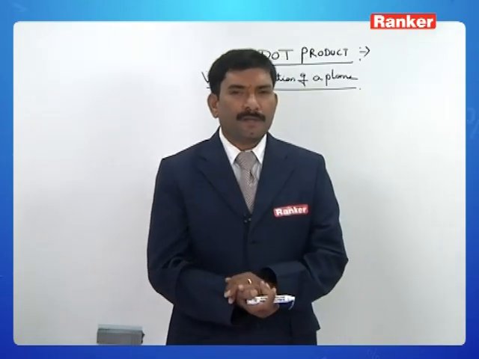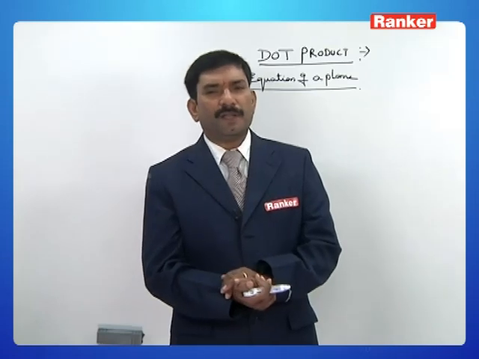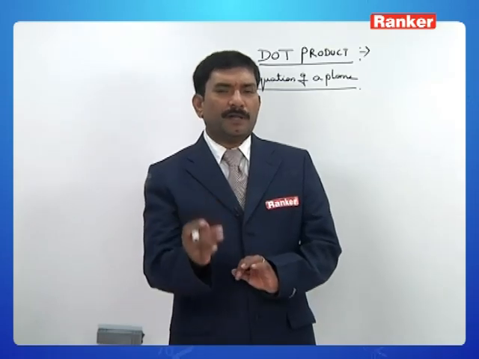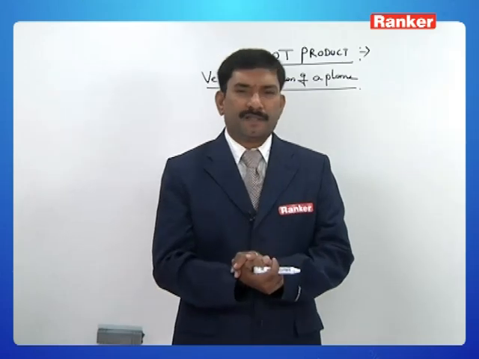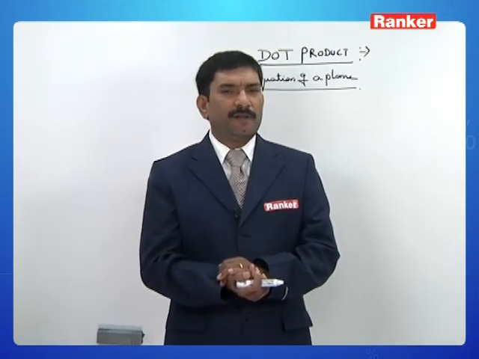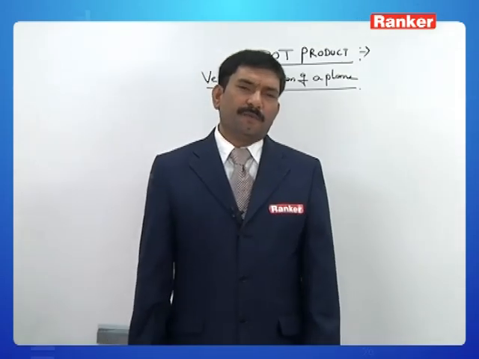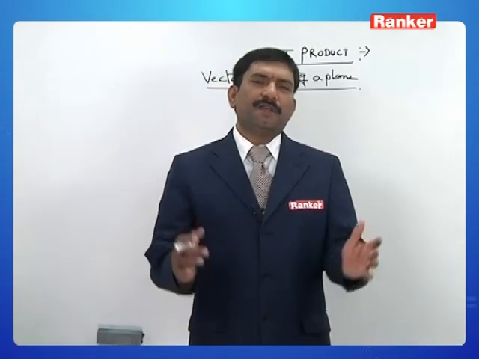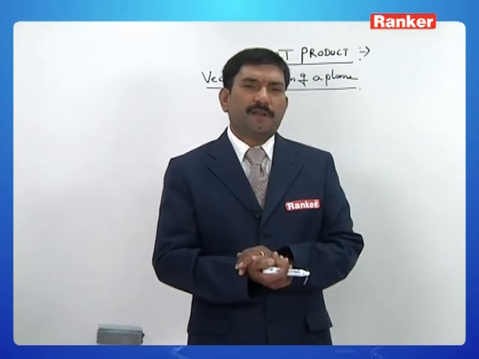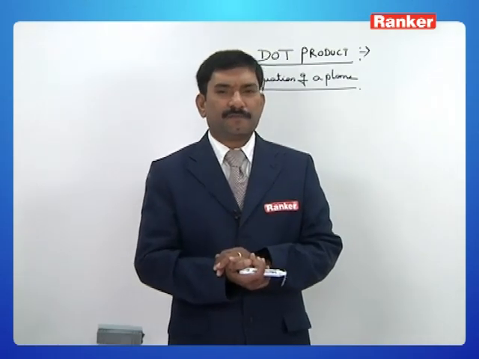The vector equation of a plane passing through 3 non-collinear points A bar, B bar, C bar is given by R bar is equal to (1 minus S minus T) A bar plus S B bar plus T C bar.